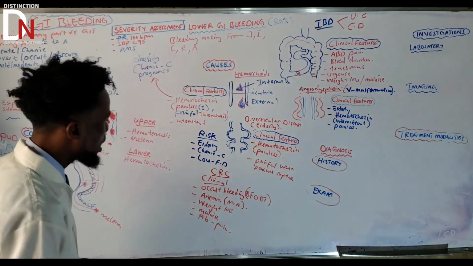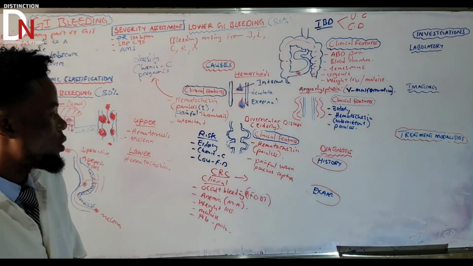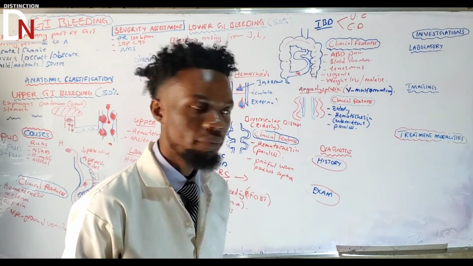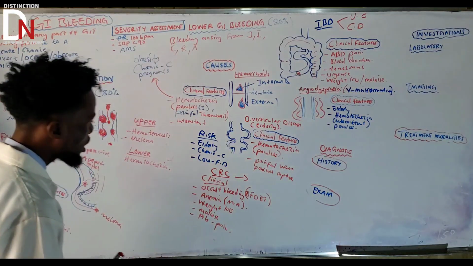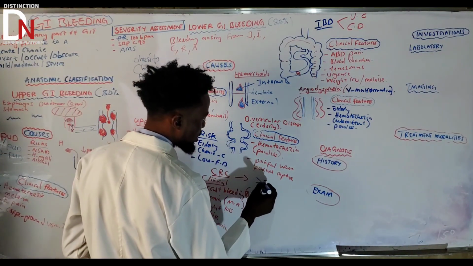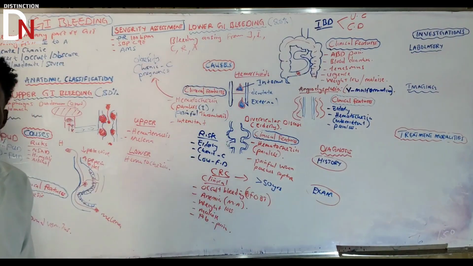Now the question that you can ask is, what are those people that are going to develop colorectal carcinoma or cancer? Why are they developing colorectal cancer? The important part is because they are elderly. Basically, it has been estimated that it is patients greater than 50 years.